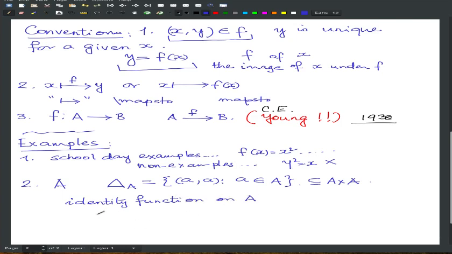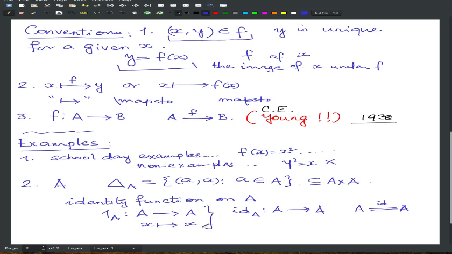It is strangely written like this. Or many others write also like this. Some people even write it like this. Okay? And what is it doing? It is taking x to x itself.